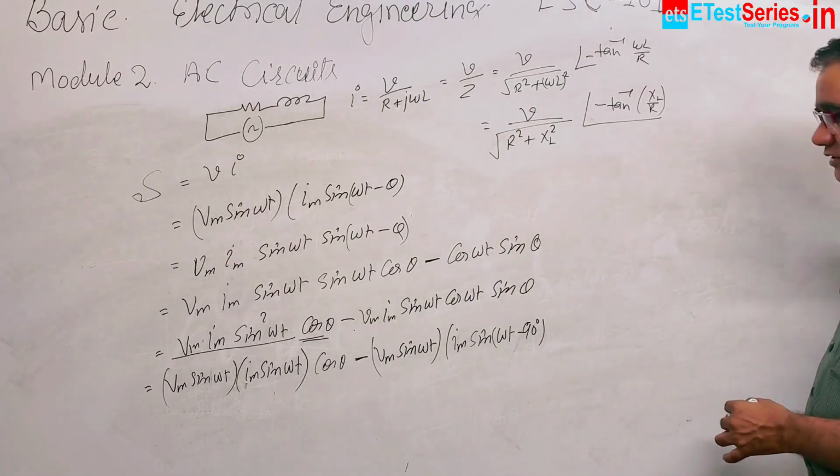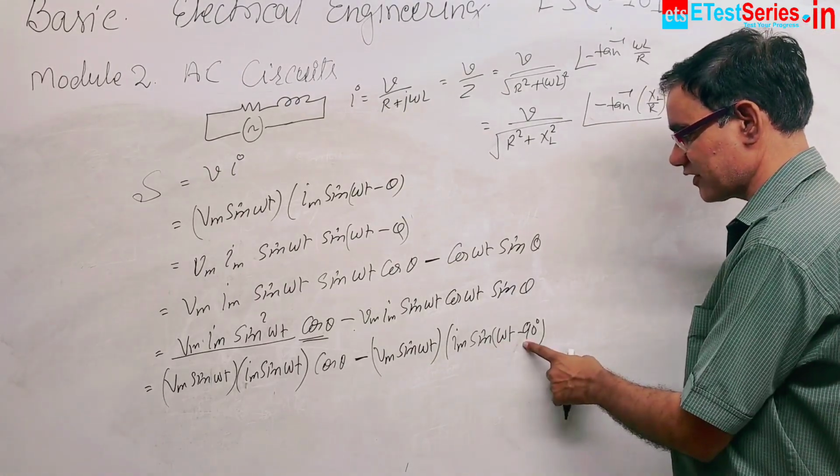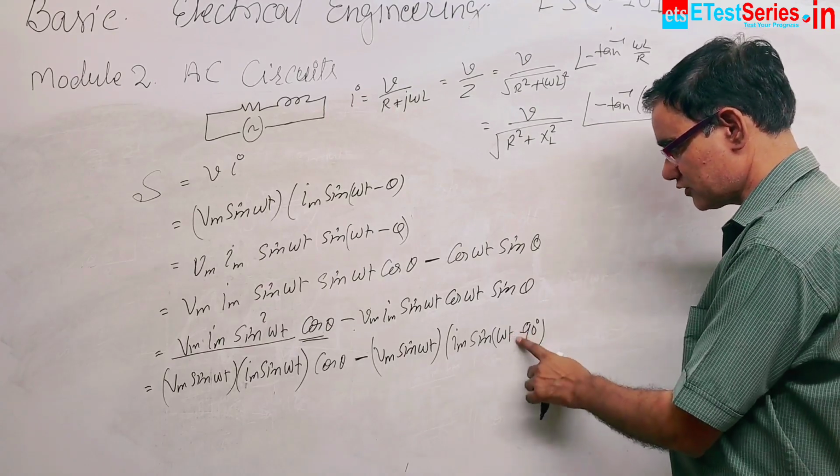Put the value of omega t equal to 0 degree, sin of minus 90 is equal to minus 1, cos is 1, so it is plus 1.